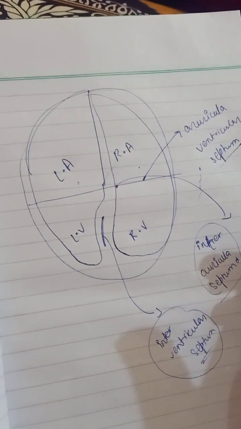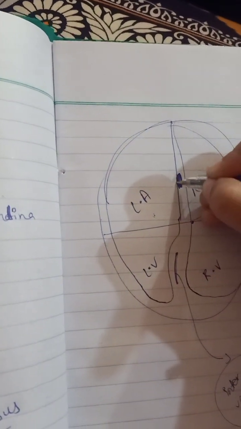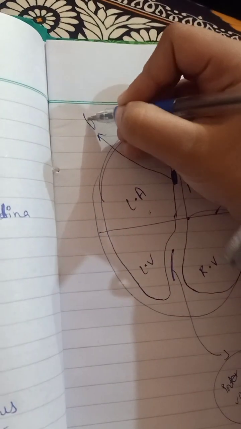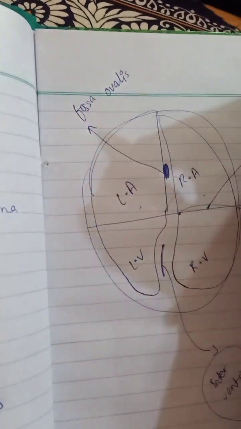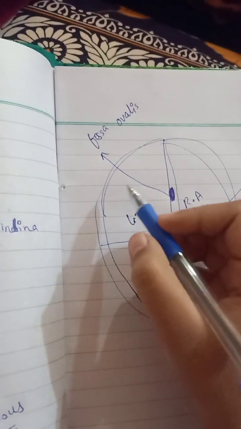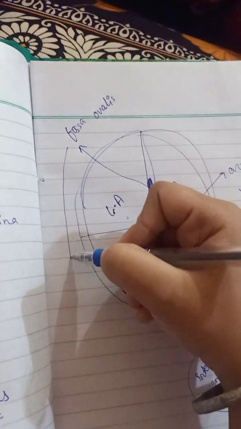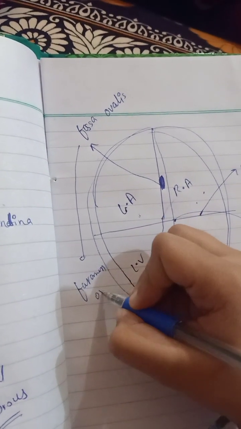Here we are having one hole. We call that the fossa ovalis, between the left atrium and the right atrium. This fossa ovalis is also called the foramen ovale.